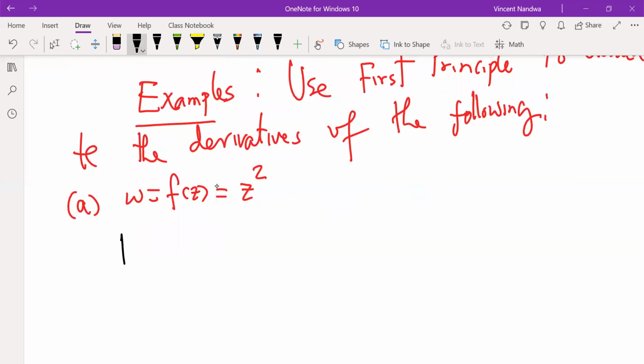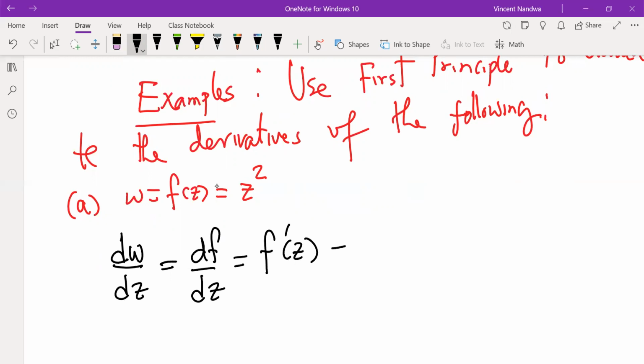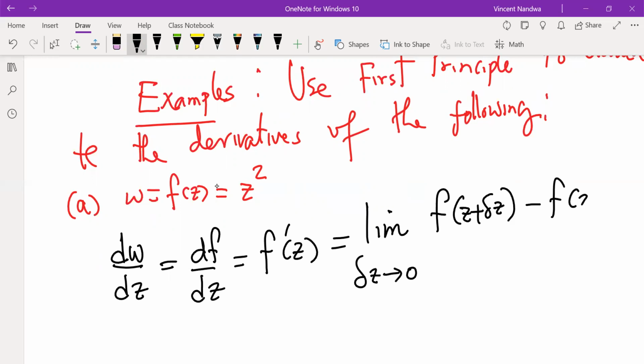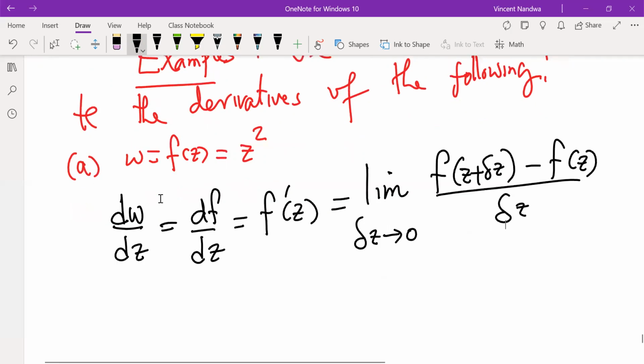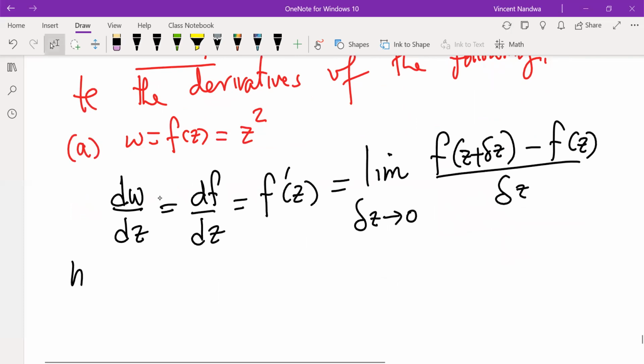So dw/dz, which is the same as df/dz, or f prime of z, is the limit as small change in z approaches 0 of f of z plus small change in z minus f of z divided by small change in z. So here, f of z is z squared. This is already given.